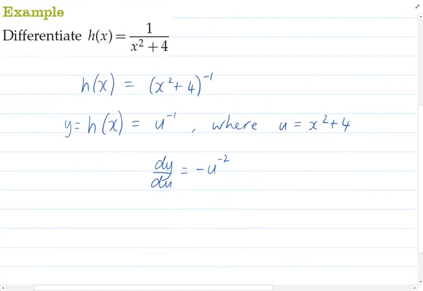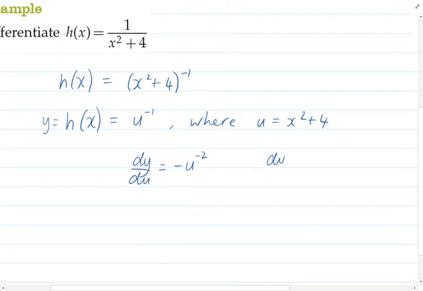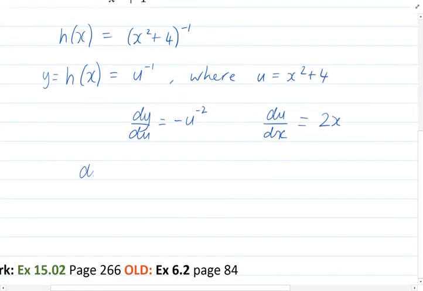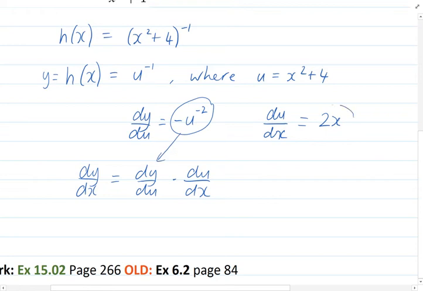So with the next one, we're going to work out du by dx, and once again apply our normal differentiation rules. So I've just taken this expression and differentiated it. So now I'm going to write out the formula. So dy by dx equals dy by du times du by dx. And so here's our dy by du, that's going to go into there. Here's our du by dx, that's going to go into there.